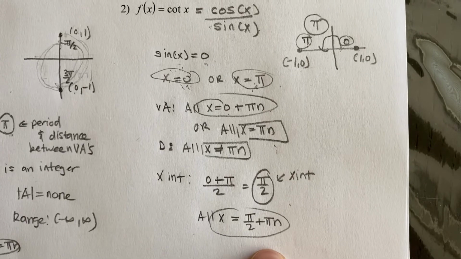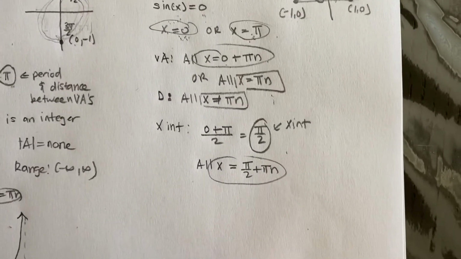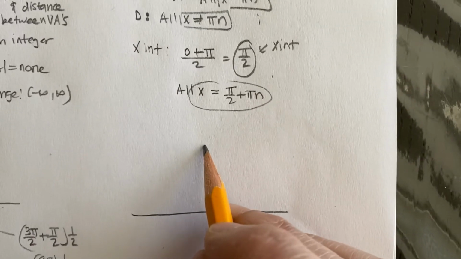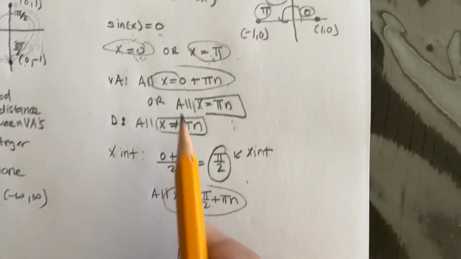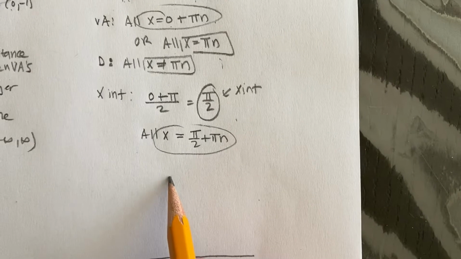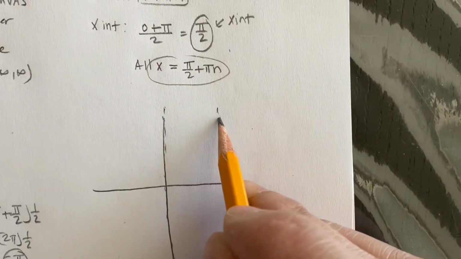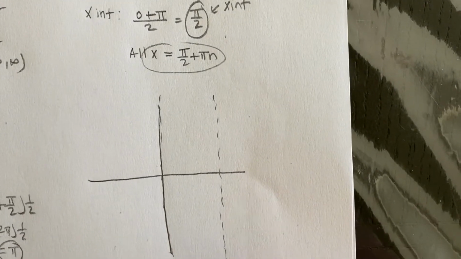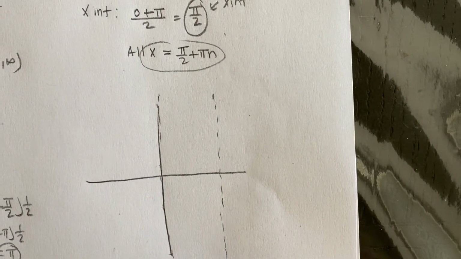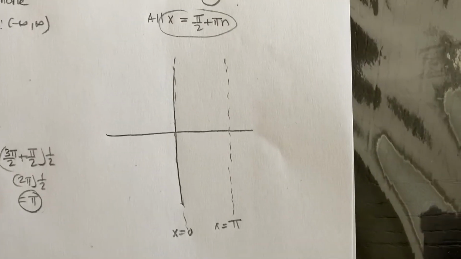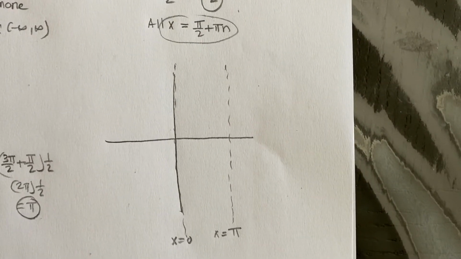Okay, so let's graph it. Okay, so my first two VAs are 0 and pi. And, okay, so from here, what do I do, right?